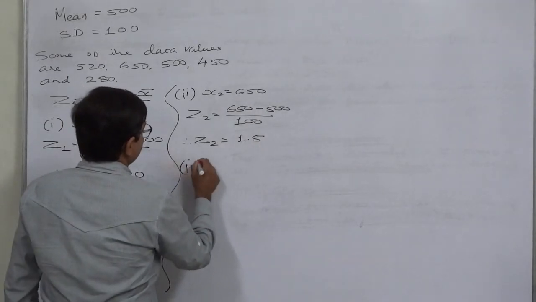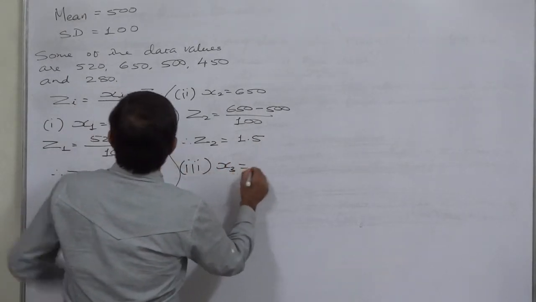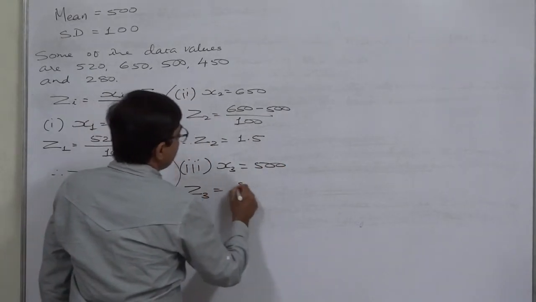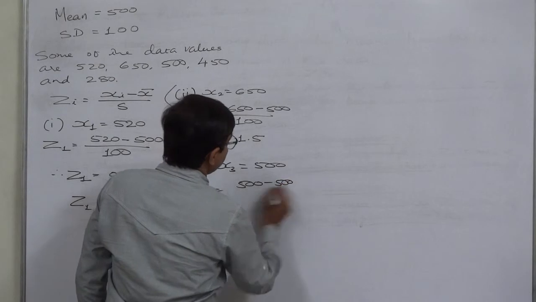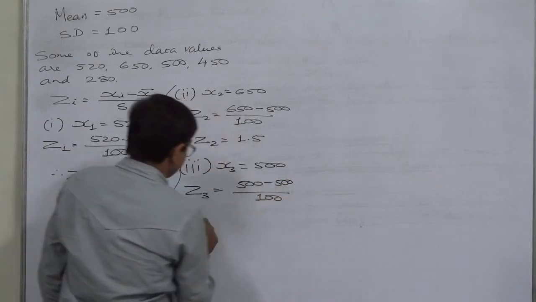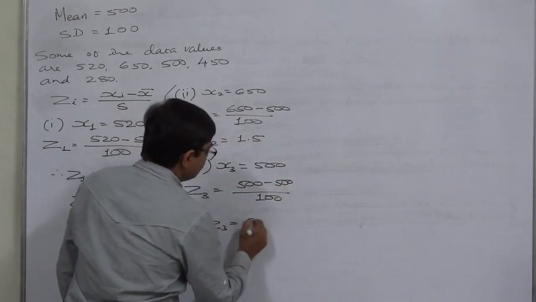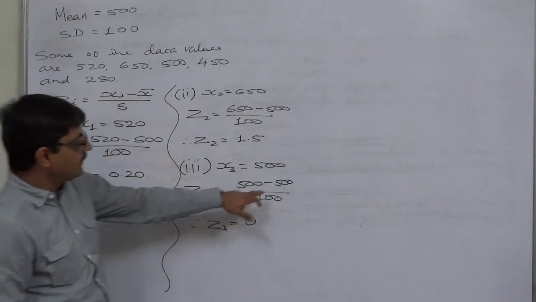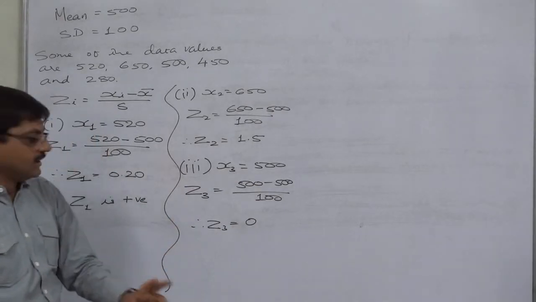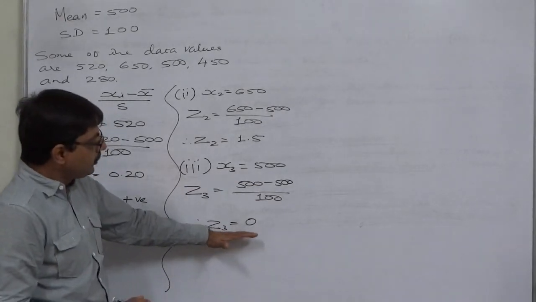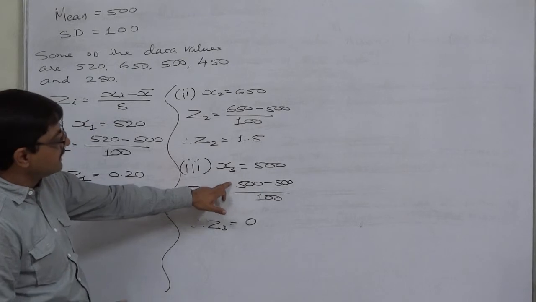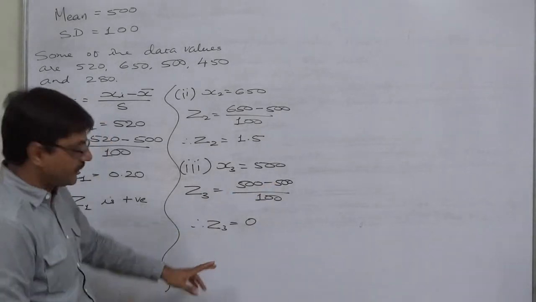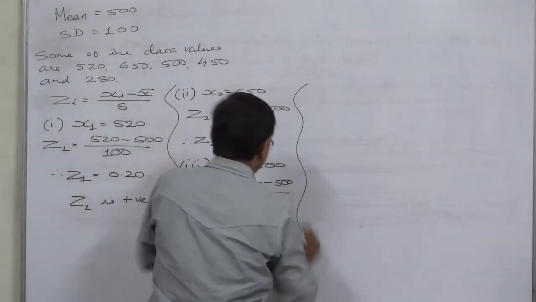Similarly, if x is taken as 500, the z score will be 500 minus 500 divided by 100, so the z score comes to 0. The z score can be 0 only if the data value and the mean are equal. So a z score of 0 indicates that the data value is exactly equal to the mean, or there is no difference between them.